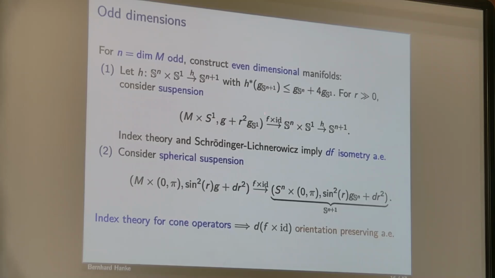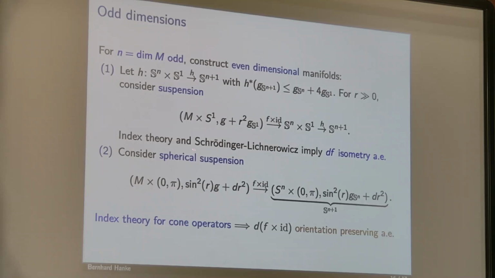Then you take the product of f with the identity, which goes to S^n cross S^1, and here we have some map of non-zero degree to the (n+1)-sphere, but we can write down a map h with this particular property so that we have some control on what this map does metrically.